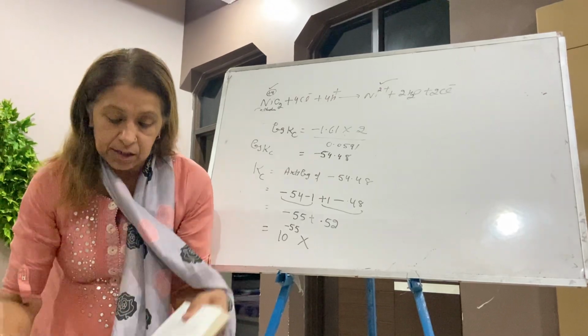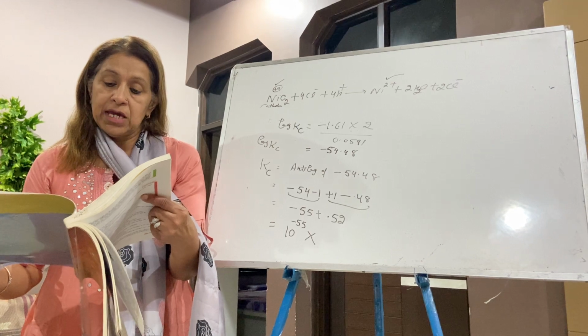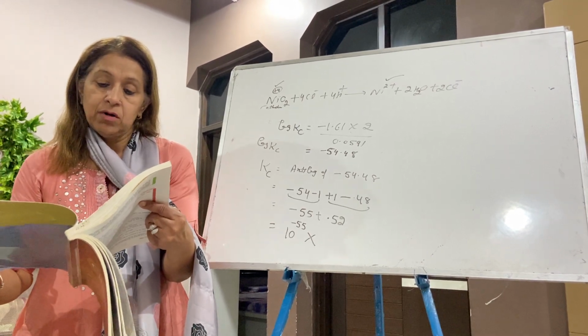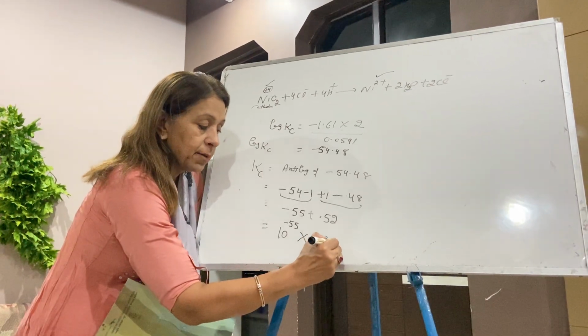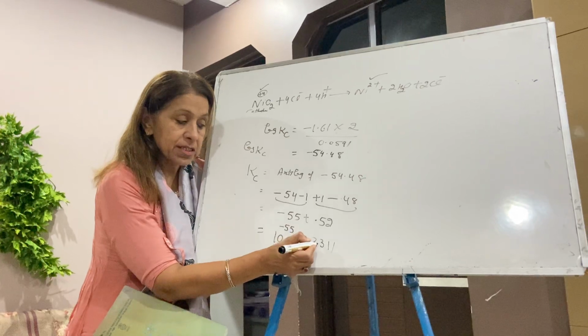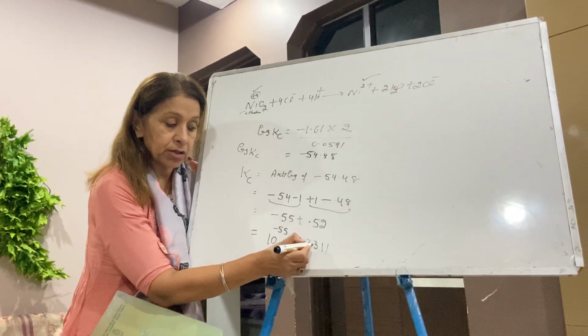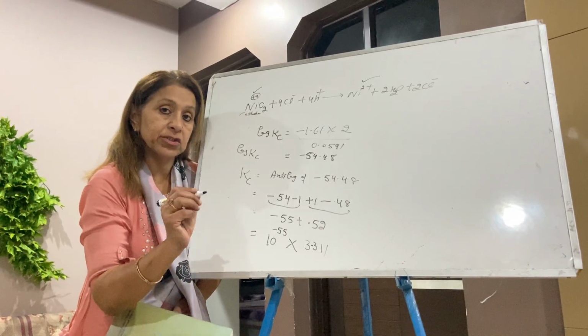It is your 0.52, 3311. Write down 3311. Right. And always put a decimal after one digit. Why? Always put a decimal after one digit.